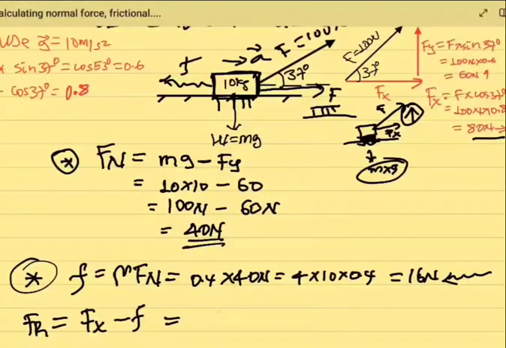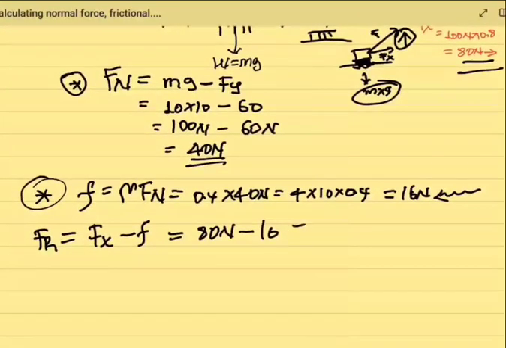The Fx is 80 Newton in the positive x direction, minus the resisting force. This gives you the resultant force.